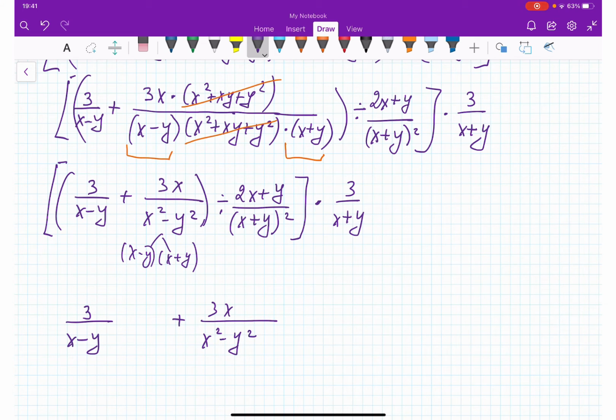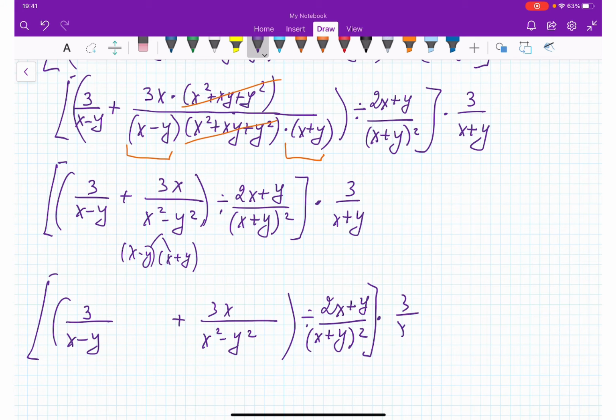Divided by 2x plus y over x plus y squared, in parentheses, and times 3 over x plus y.